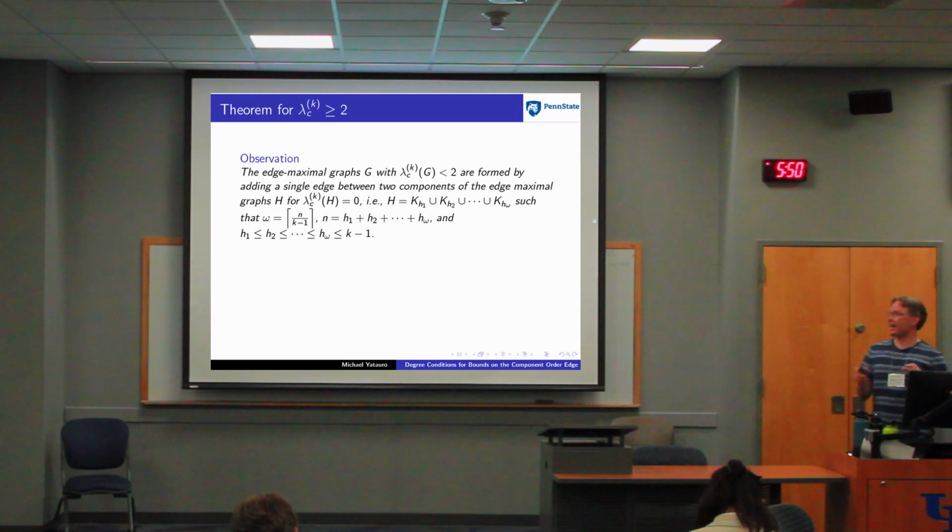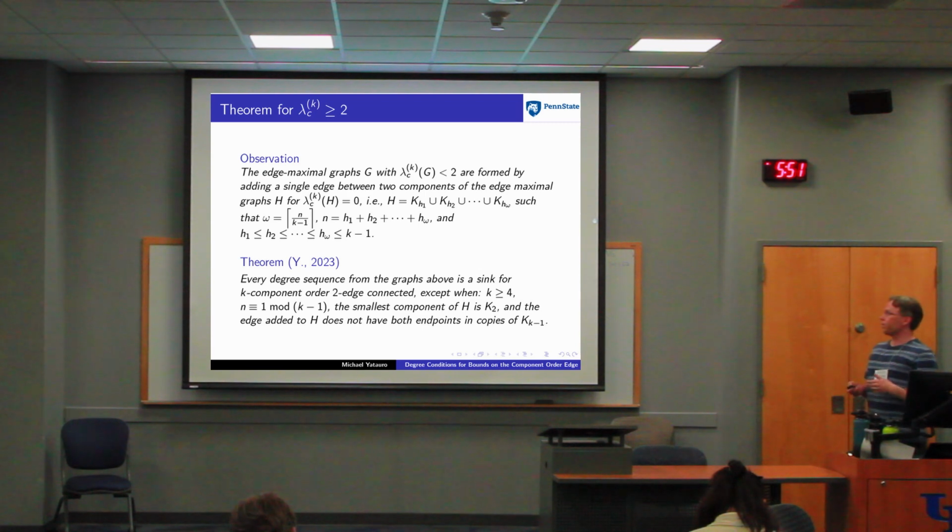But there are different ways you can add those edges. You can add the edges between various pairs of components just to produce unique results. So you produce all of those degree sequences, and it turns out that all of them are sinks.